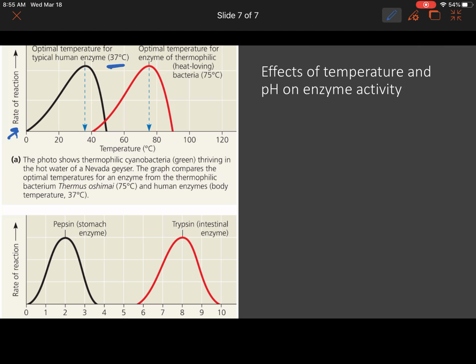Well, what happens if we increase the temperature where those enzymes are by about 6 degrees and we keep it there for a while? Those enzymes are going to denature. They're not going to work anymore. And it's because as you increase the temperature, you are destabilizing the interactions that hold the protein together.